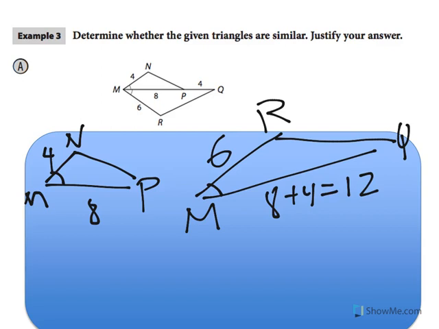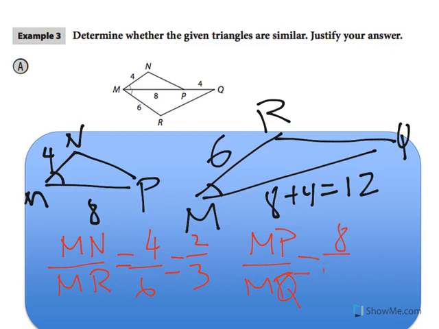So then we can use proportion. We can say MN over MR, which gives us 4 over 6, so reduce to 2 over 3. And MP over MQ is 8 over 12, and reduce by 4, so then it's 2 over 3 as well.